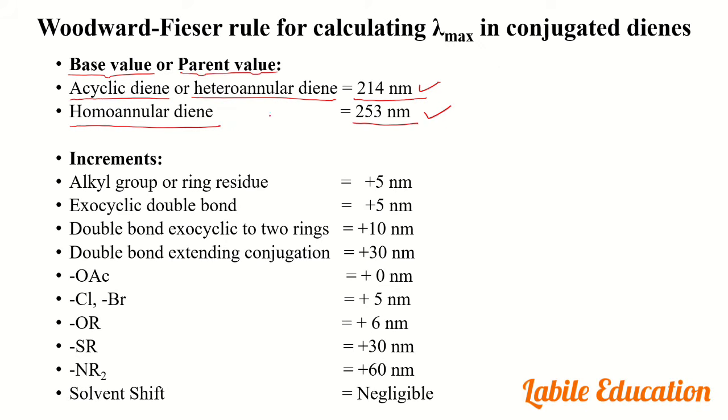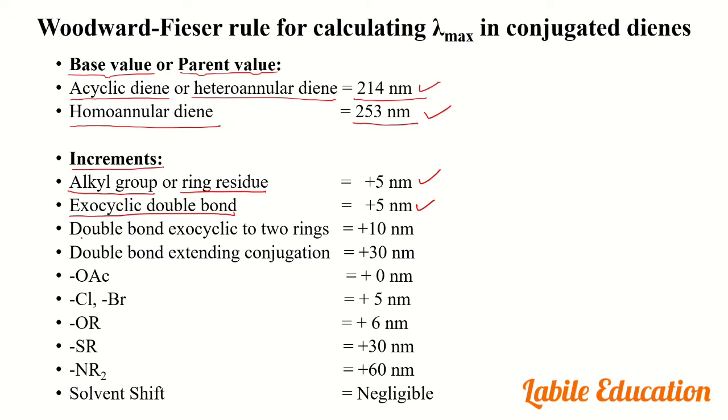After considering these base values, the other groups we consider as increments. Suppose there are alkyl groups like R or part of the ring residues, then each will contribute 5 nanometer. If there is an exocyclic double bond, we will discuss later what exocyclic and endocyclic double bonds are, that will contribute 5 nanometer.